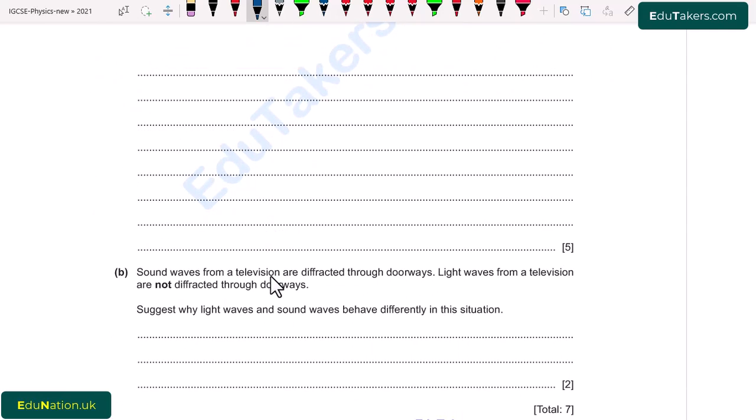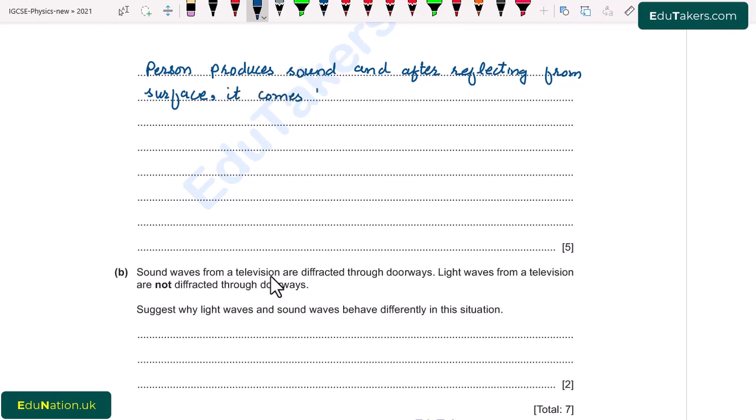So I write here: observer produces sound, or person produces sound, and after reflection from the surface, it comes back and he hears the echo.